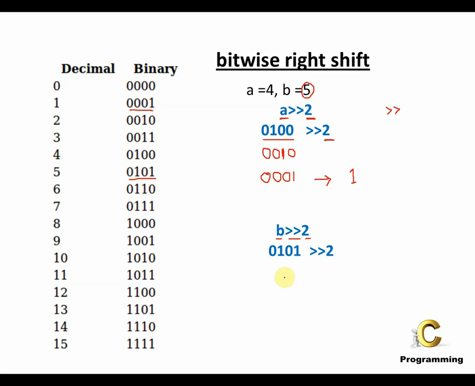So let's shift it. First we'll shift 1 position, then we'll shift the second position. This 1, what you see, is lost, because once you are shifting towards the right, it is lost. And this 0 comes in the place of this 1, so you will get a 0.